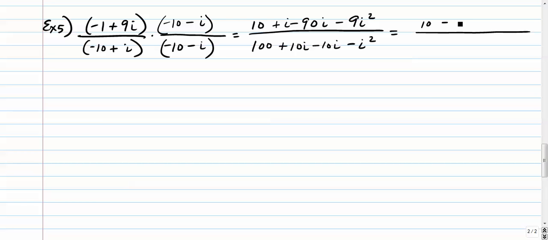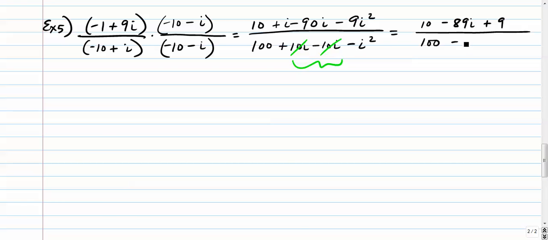10 minus 89i plus 9. Remember, this i squared becomes negative 1, so it's negative 9 times negative 1. And the bottom we have, let's see, 100. Cool part about this, the whole point of conjugates is to eliminate the imaginary part. It did disappear. And negative i squared, that's negative 1 times negative 1. It's kind of confusing, I guess.